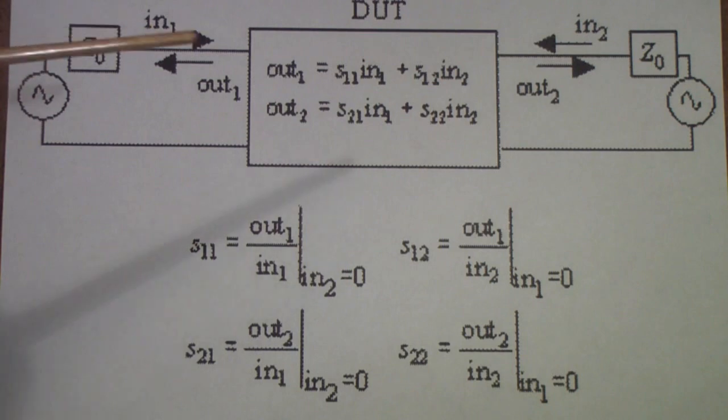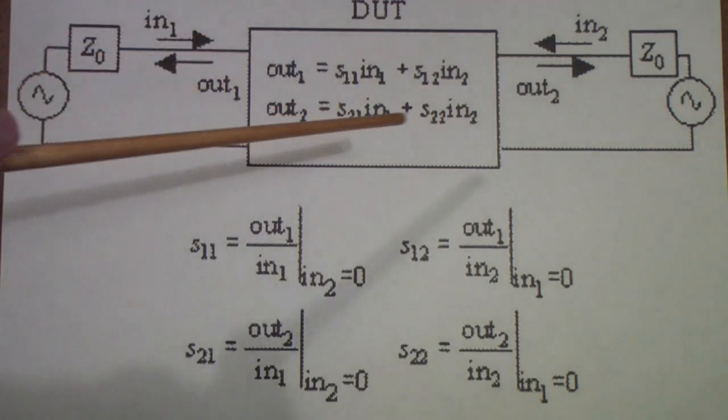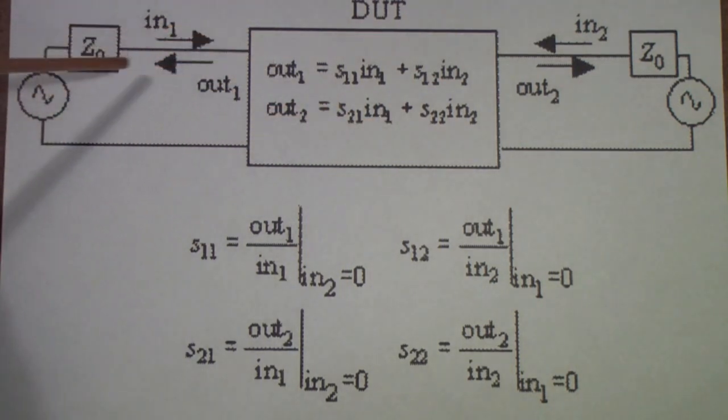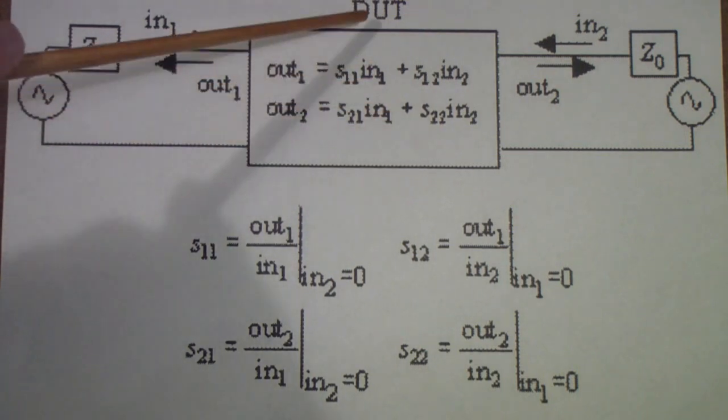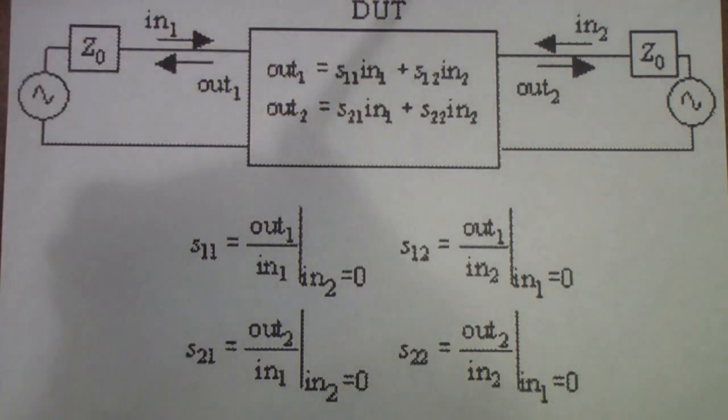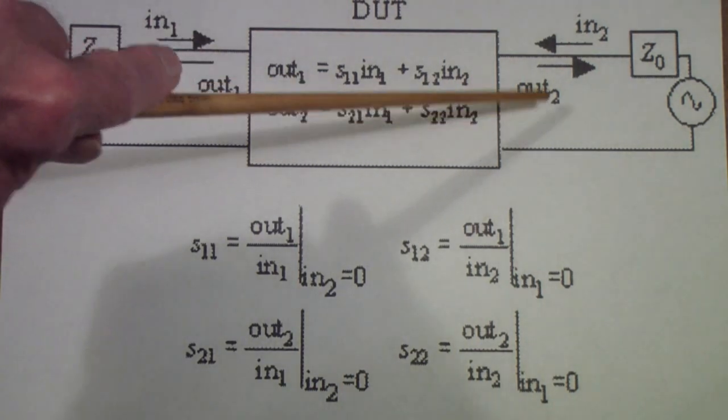Going back to this picture again, what we're trying to do is to generate a signal on the input of some kind of device. This can be a transmission line or an amplifier or a mixer or anything that we want to measure the transfer characteristics of.